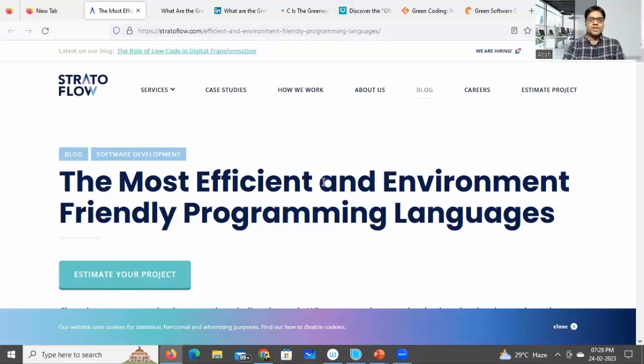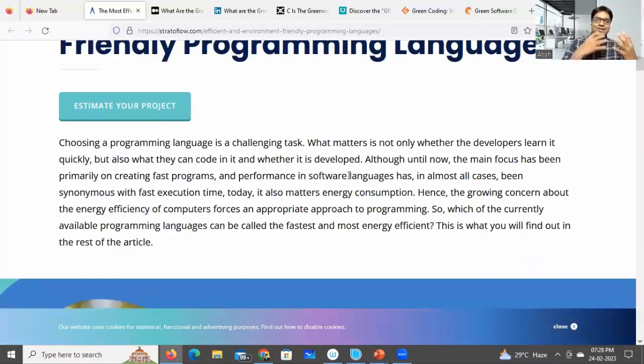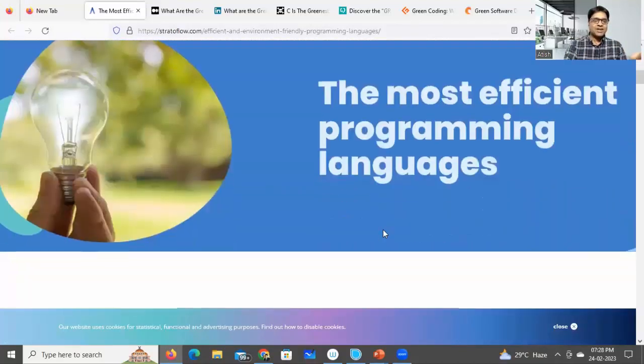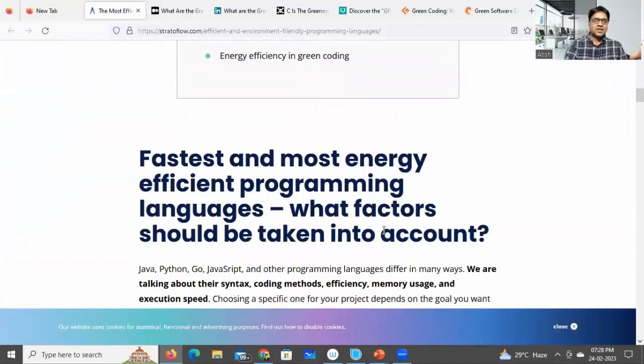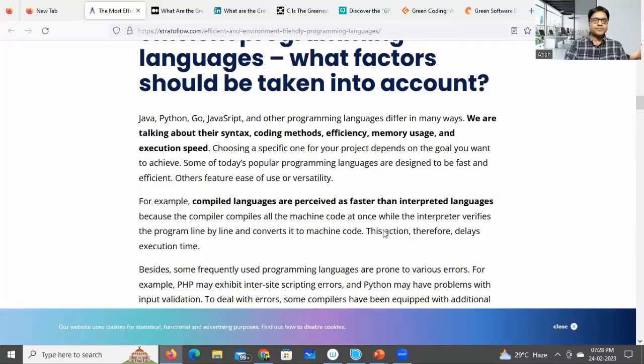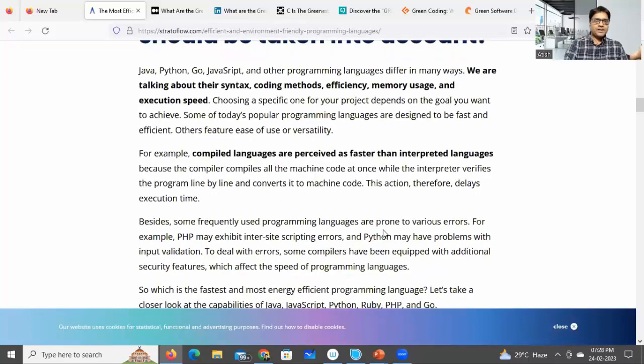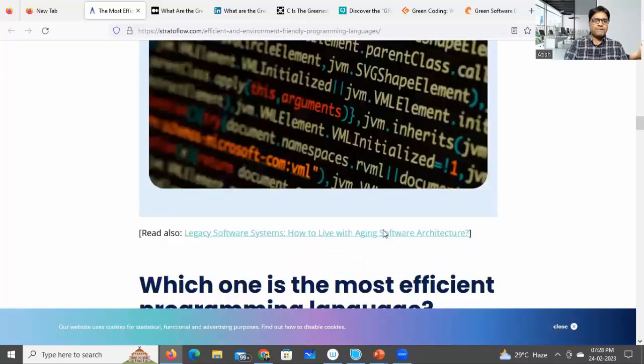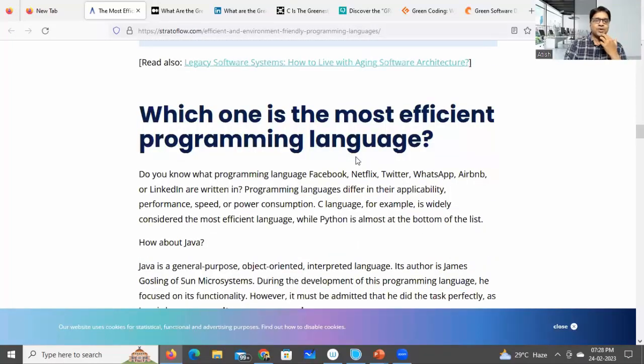On the most efficient and environment friendly programming languages, you can see here people are writing beautiful articles about how programming languages are impacting the environment. You can go through them. You can see here which is the most efficient programming language.